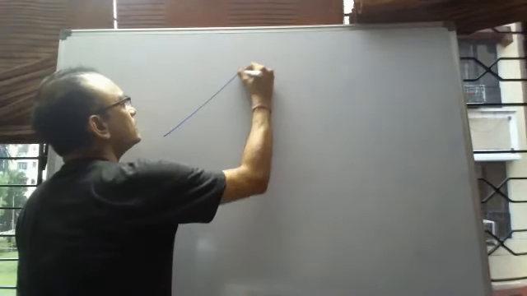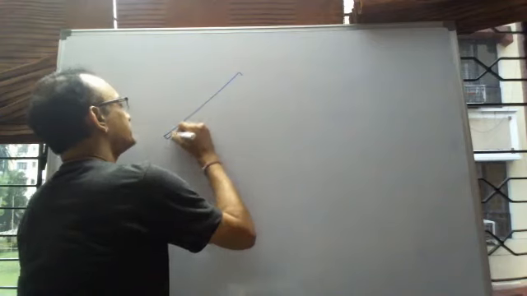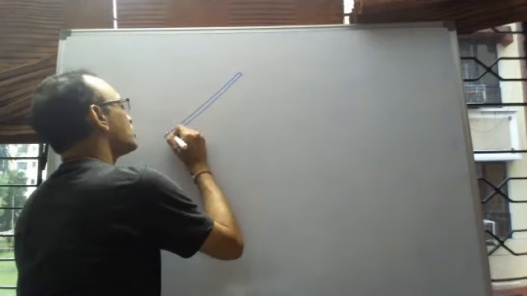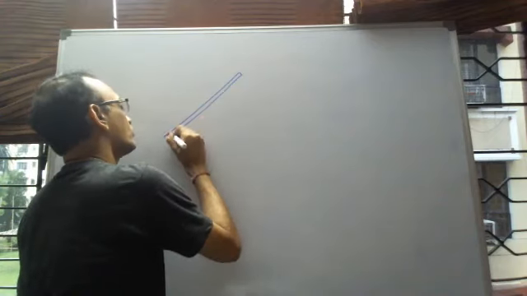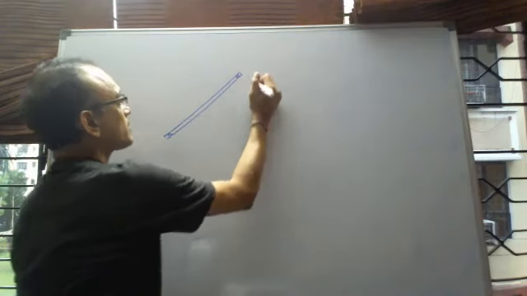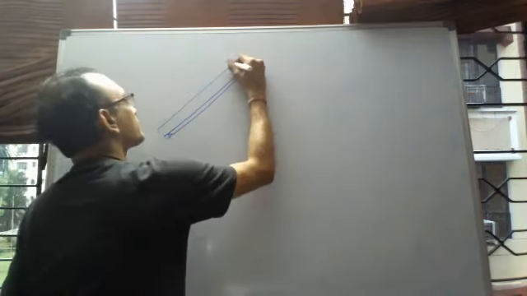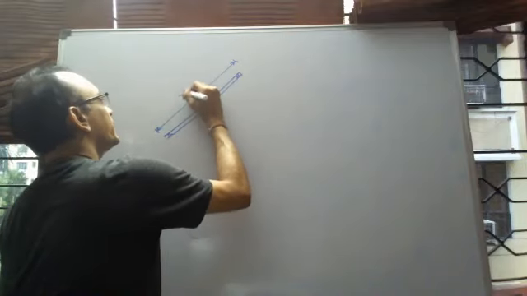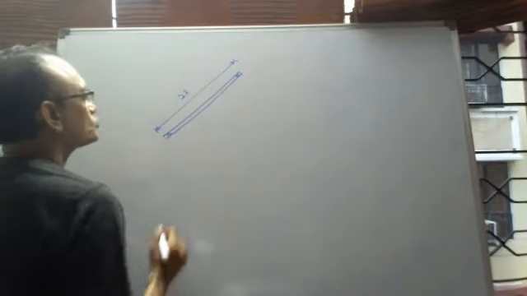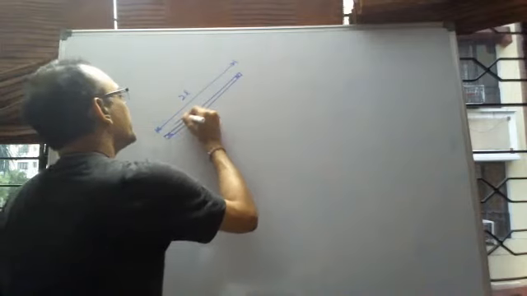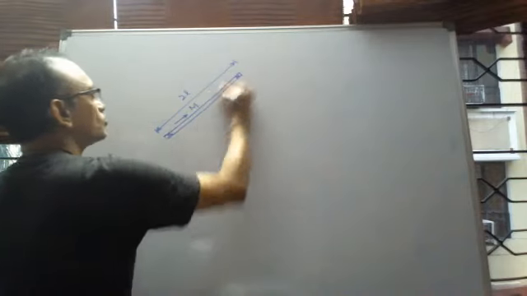If there is a magnet, south pole, north pole, length 2L. So obviously, you know, it has a magnetic moment M from the south pole to the north pole.